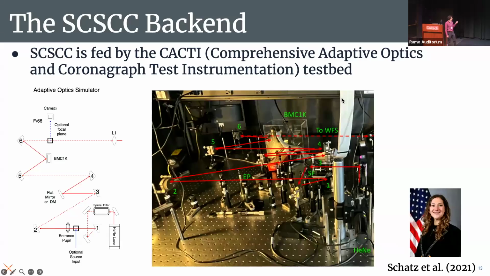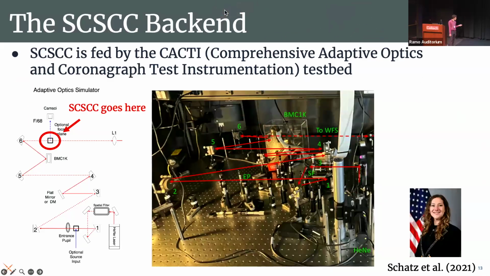And so in terms of the back end of our self-coherent camera, it's fed by this telescope simulator that was developed by a former PhD student, Lauren Schatz. And this is a rather complex simulator involving 6 OAPs, and then we have our 1K DM, and our SCC is going to go at the focal plane all the way over here.